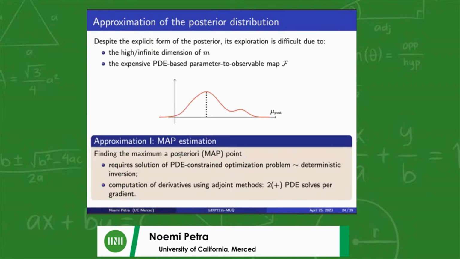So finding the maximum a posteriori point requires solution of a PDE-constrained optimization problem. Basically, this is a deterministic inverse problem. As I mentioned, we use inexact Newton CG, so we need to compute derivatives using adjoints, basically first and second derivatives. This costs another 2 PDE solves per gradient, and if you go to the Hessian, that's another 2 linearized solves.